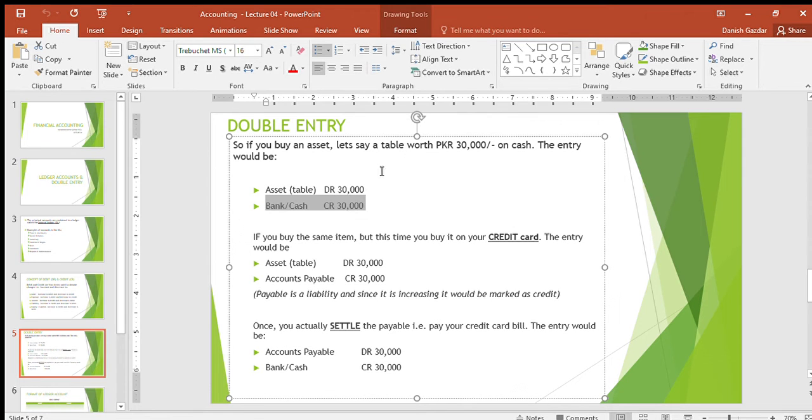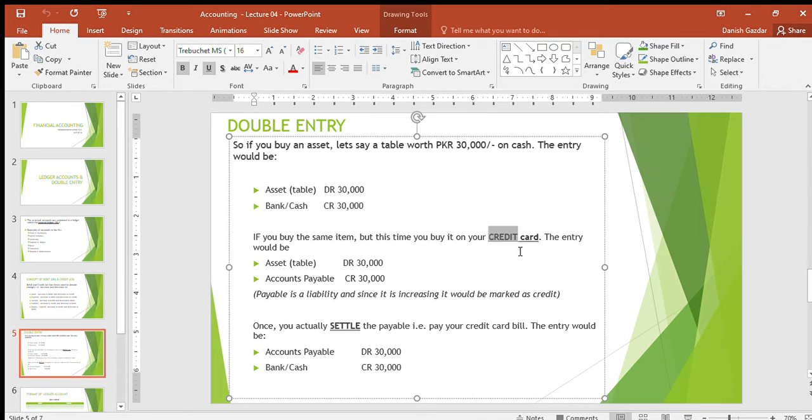procurement of a table. Now if you buy the same table, same item, but this time you buy it on a credit card, the asset would be debit, this would remain the same. However, you create an accounts payable, because credit card means you have a liability which needs to be settled later.